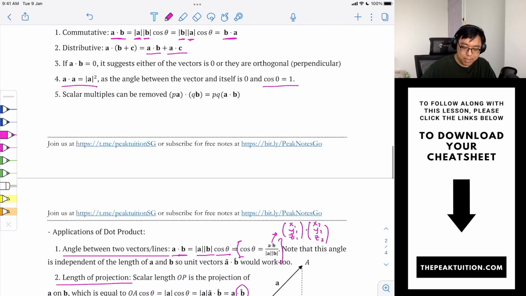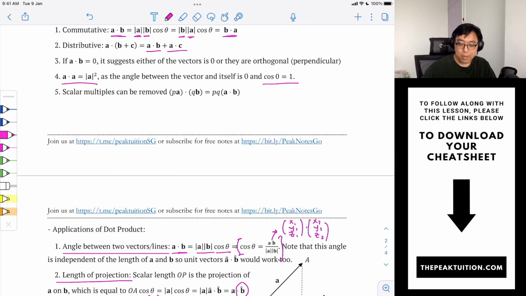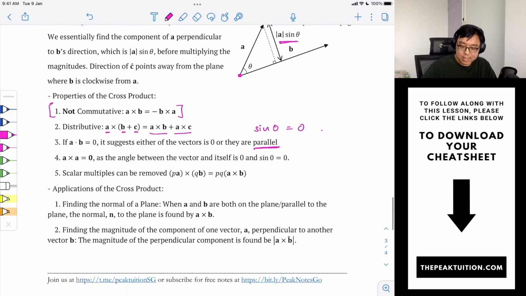Unlike previously where you have A dot A equals the magnitude squared. And finally, scalar multiples can also be taken out, because once again, we are just scaling the vectors. It doesn't change the operation.